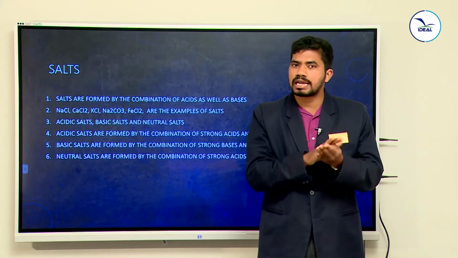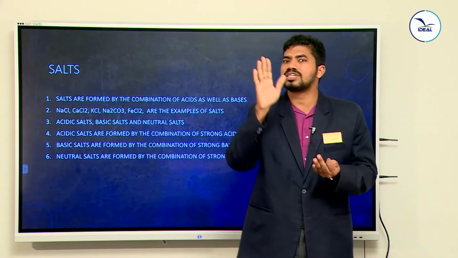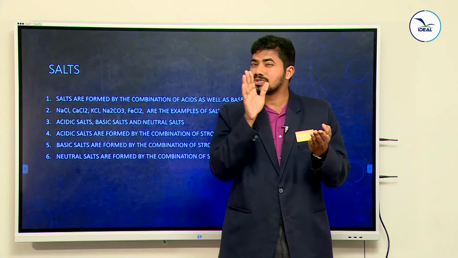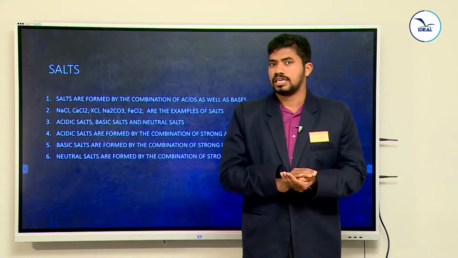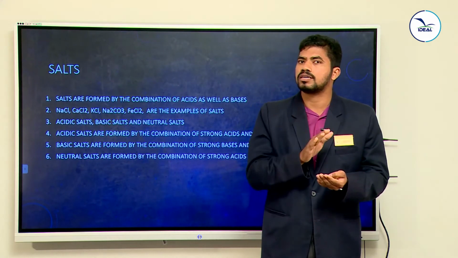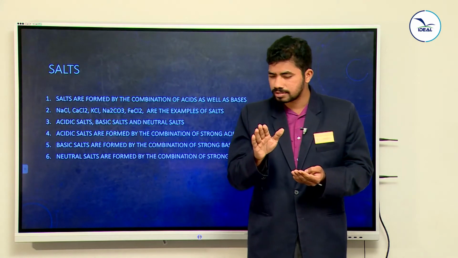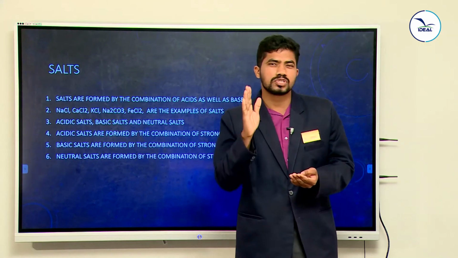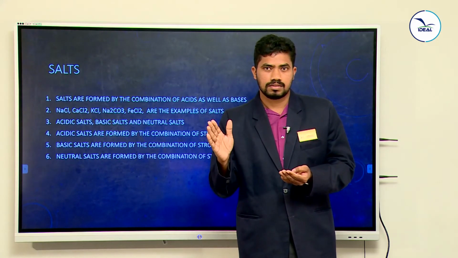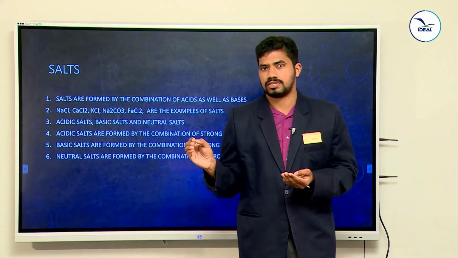If you have a strong acid and a strong base, the salt should be neutral. If you have a strong acid and a weak base, the salt should be acidic. If you have a weak acid and a strong base, the salt should be basic. So it is very, very important.